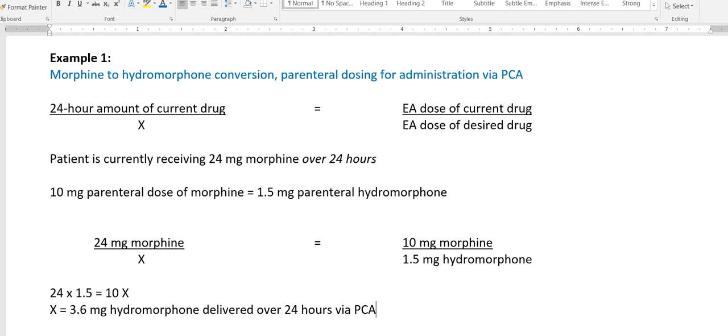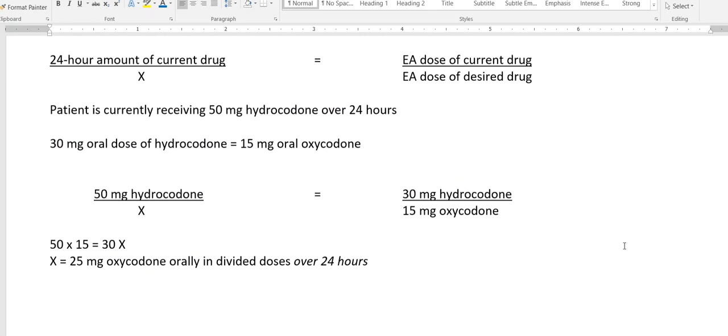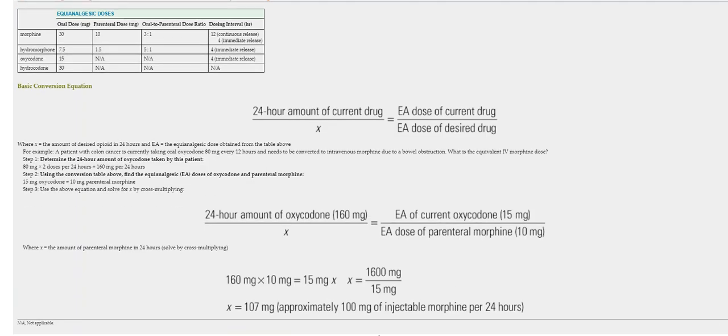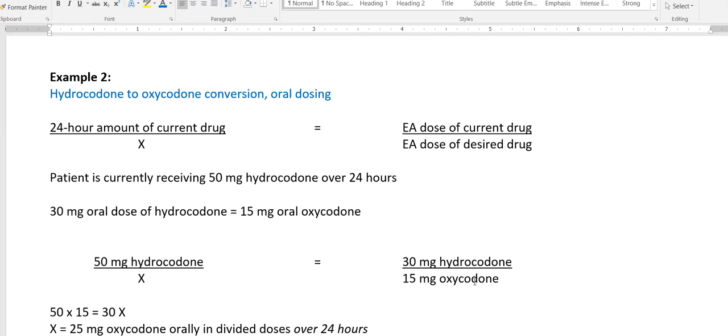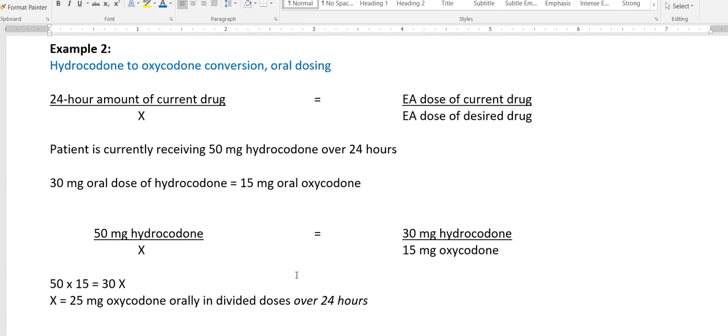I have one more example for us, and that is an example of converting from hydrocodone to oxycodone, and oral dosing in this case. So again, I have reproduced the basic conversion equation up in the top here to remind you that's what you just need to know.